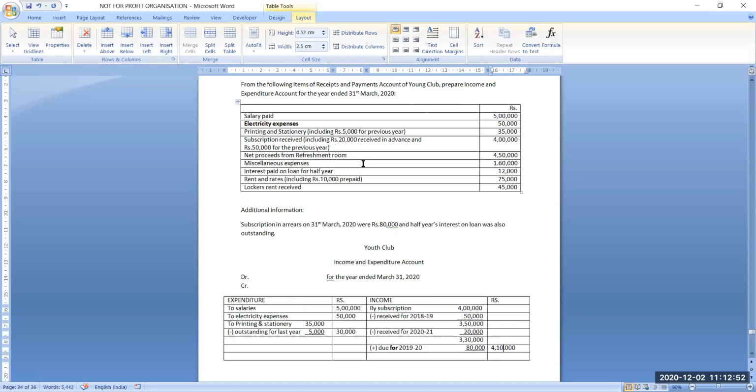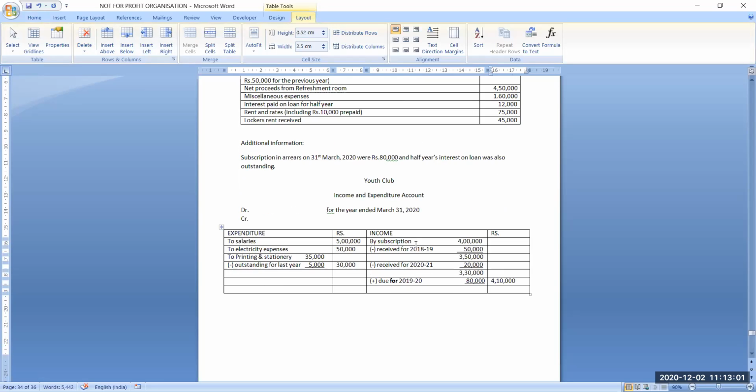The net proceeds from refreshment room, sorry, 4,50,000. So this is also an income. Net proceeds means all the expenses have been deducted. By net proceeds from refreshment room, 4,50,000.